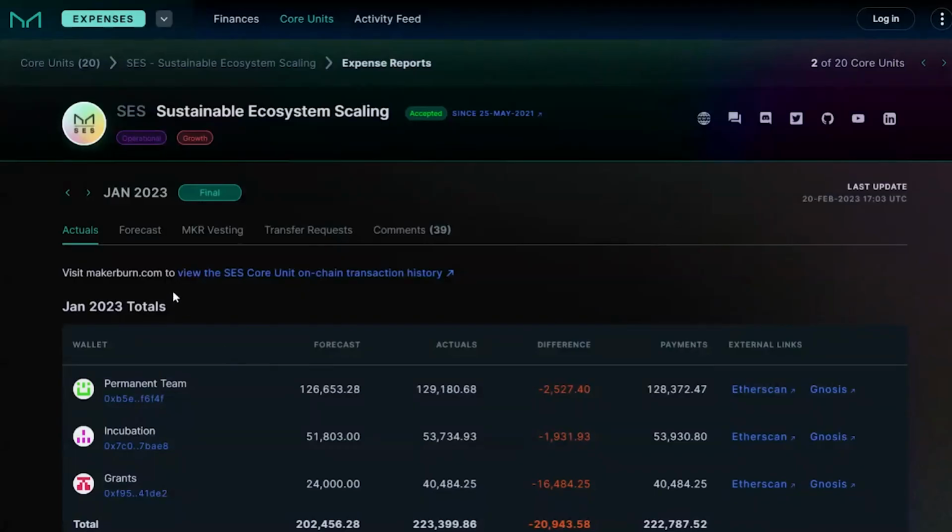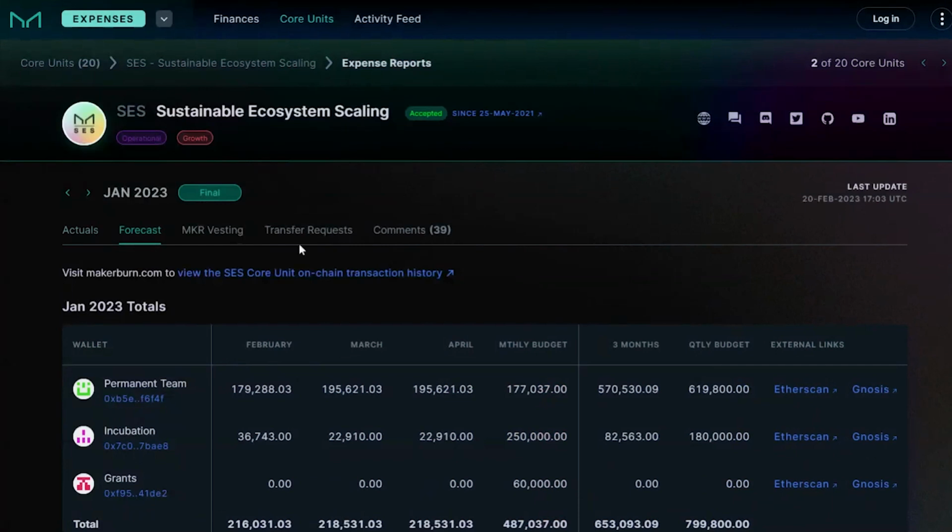Yeah, so far we've been looking at the actuals, which are the reported expenses of that particular month, in this case January. The second tab is the forecast, and this is really important for core units to plan their own internal financials, especially if there is a lot of variation. And of course, this will depend on the type of core unit. Some core units just have the same costs every month.